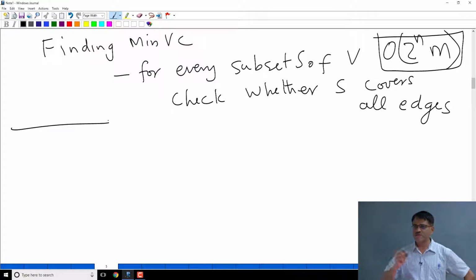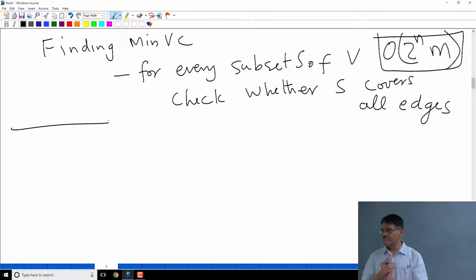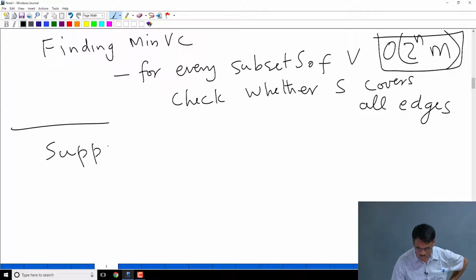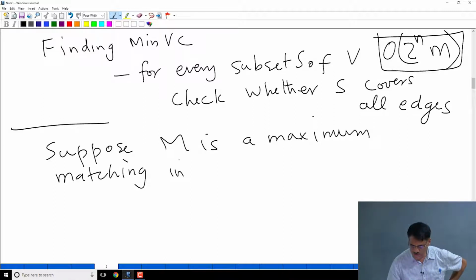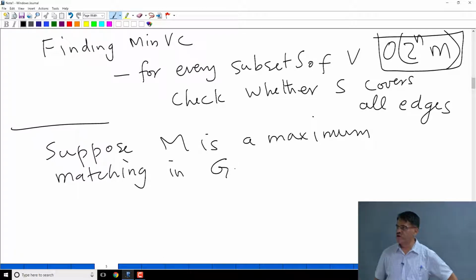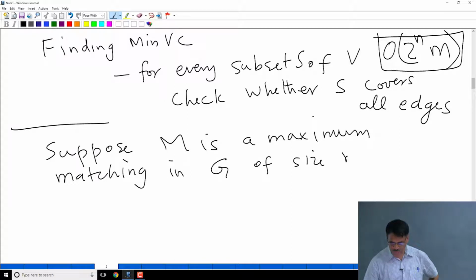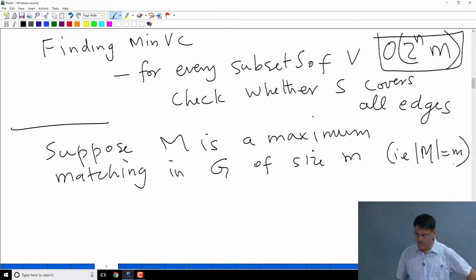Now I mentioned something about matching, right? Can you find a maximum matching in a graph efficiently? You have seen that, right? There are a number of algorithms. So suppose M is a maximum matching. This is going to be a very useful thing, which we can find in polynomial time, of size m, that is, the number of edges in M is small m.